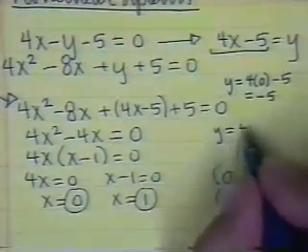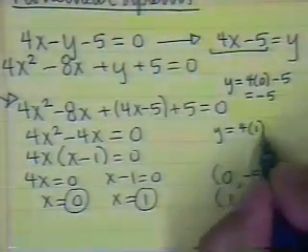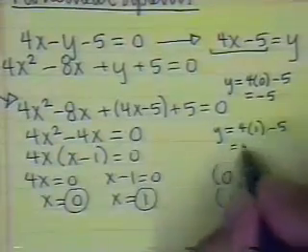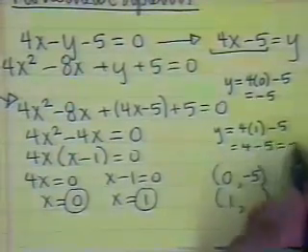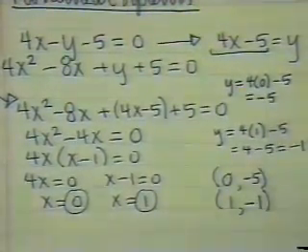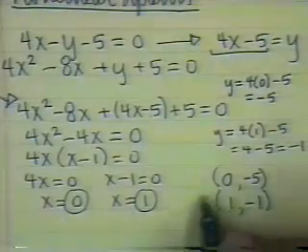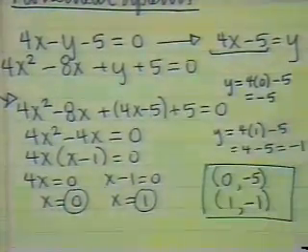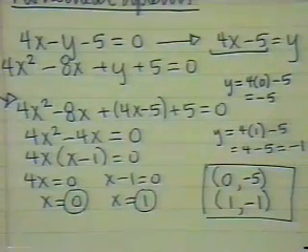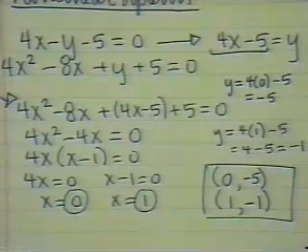Y is equal to 4 times 1 minus 5. 4 minus 5, so our y value is negative 1. There's our first nonlinear system, and it has generated exactly 2 points where that parabola and that line intersect.